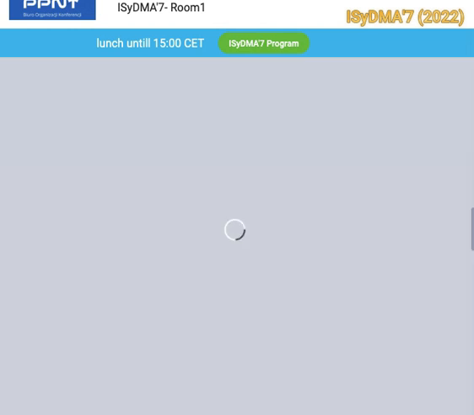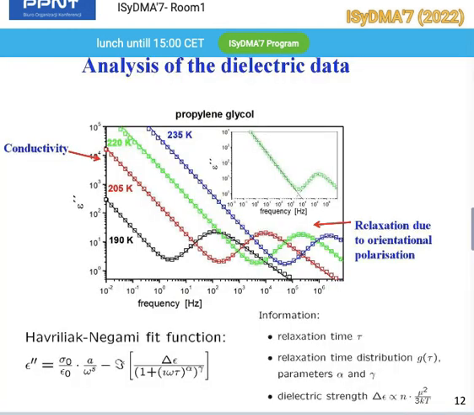Now a typical experiment, this is propylene glycol measured from 10 to the -2 up to 10 to the 6 Hertz. We see here charts at different temperatures. This is the conductivity contribution. And here, in these charts where we have this maximum, this reflects relaxation processes due to orientational polarization.